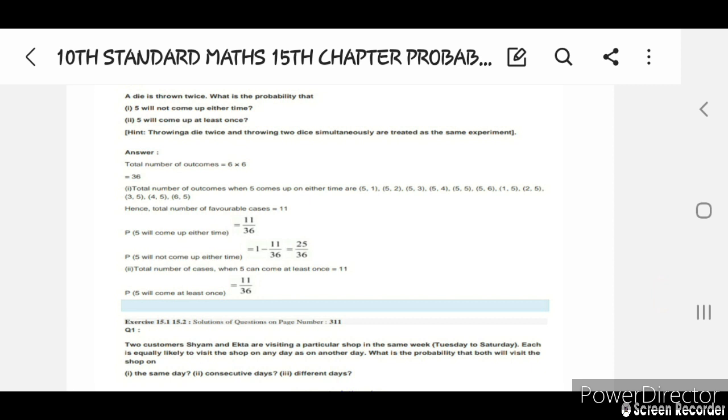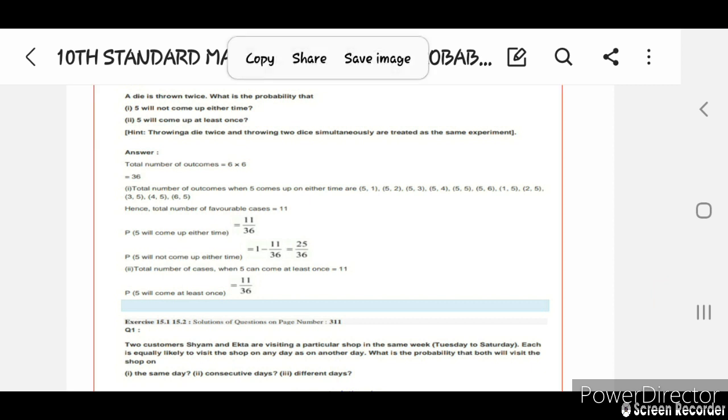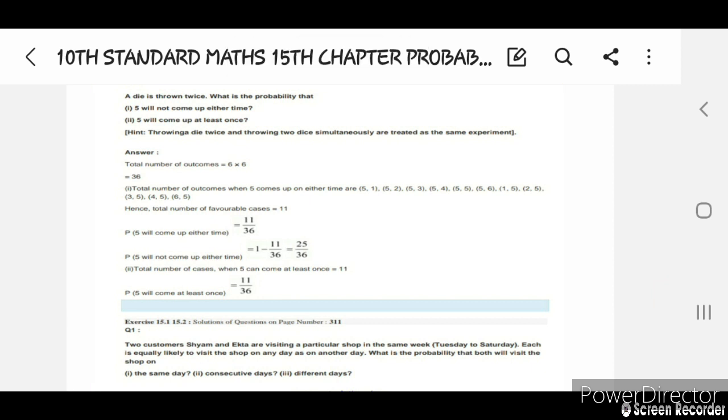See, (1, 1), (1, 2), (1, 3), like that, till (6, 6), you get 36 outcomes. In that, 11 outcomes contain the number 5. So 11 by 36 is the probability that 5 will come up at least once.